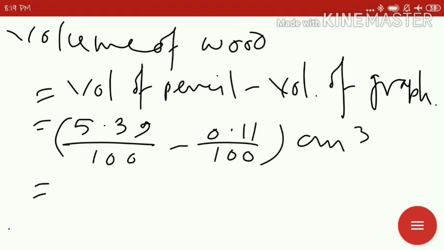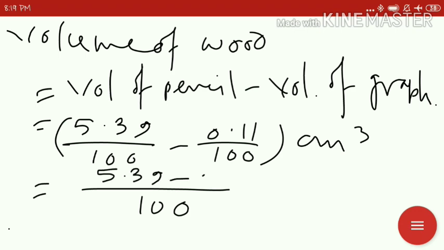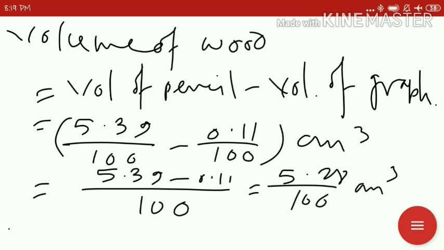You can see that 100 is common. So 5.39 minus 0.11, I hope you know how to subtract, gives 5.28 by 100 centimeter cube, or 0.0528, or with approximation, 0.053 centimeter cube.